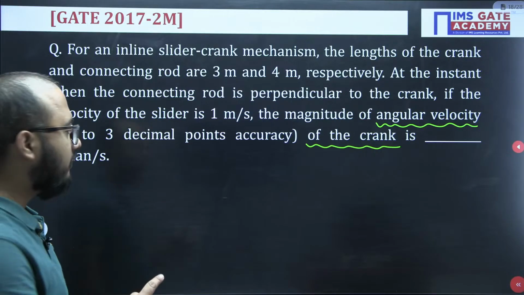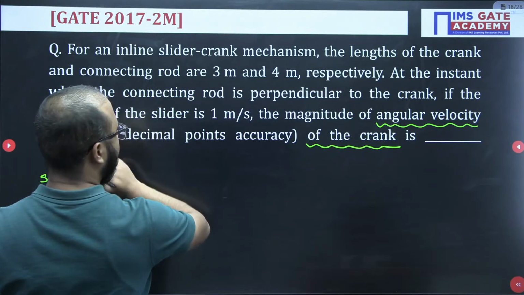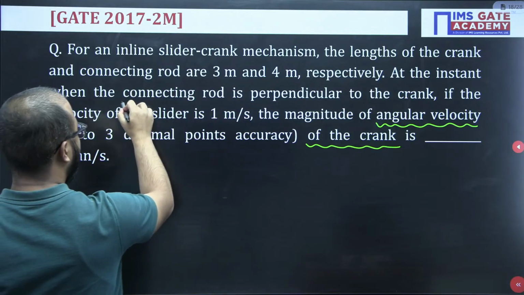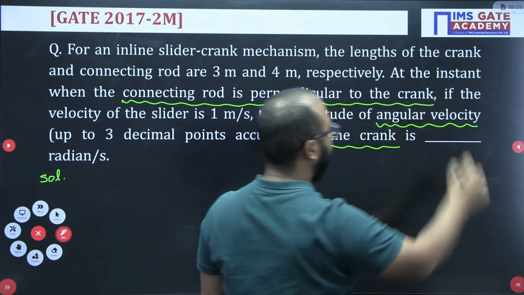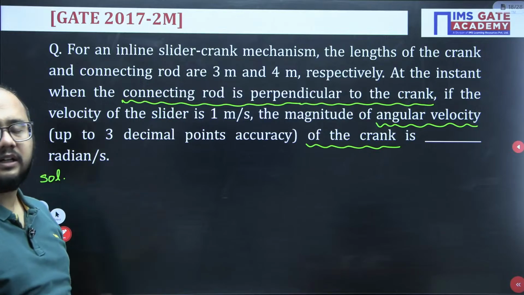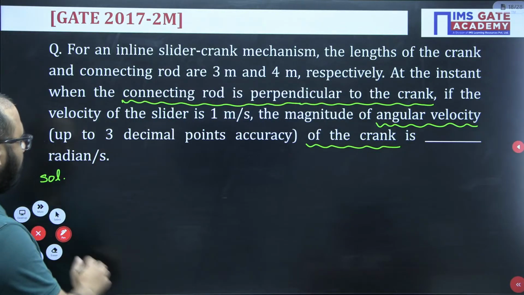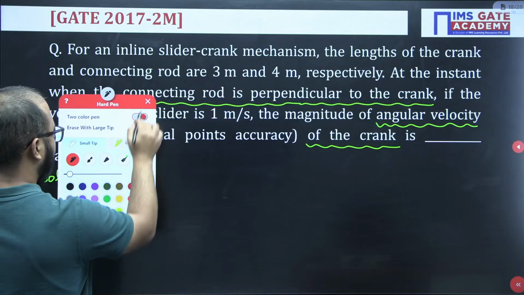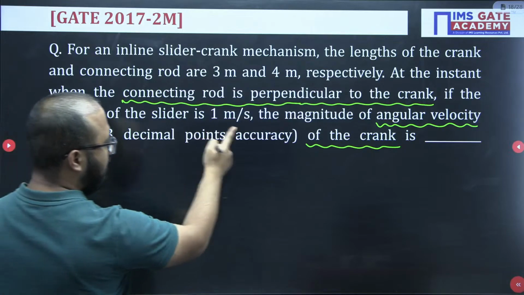And very important information in the question they have given: at an instant when the connecting rod is perpendicular to the crank. Connecting rod is perpendicular to the crank, they have mentioned. Right? This is the important information. So let us draw the diagram here, connecting rod perpendicular to the crank.